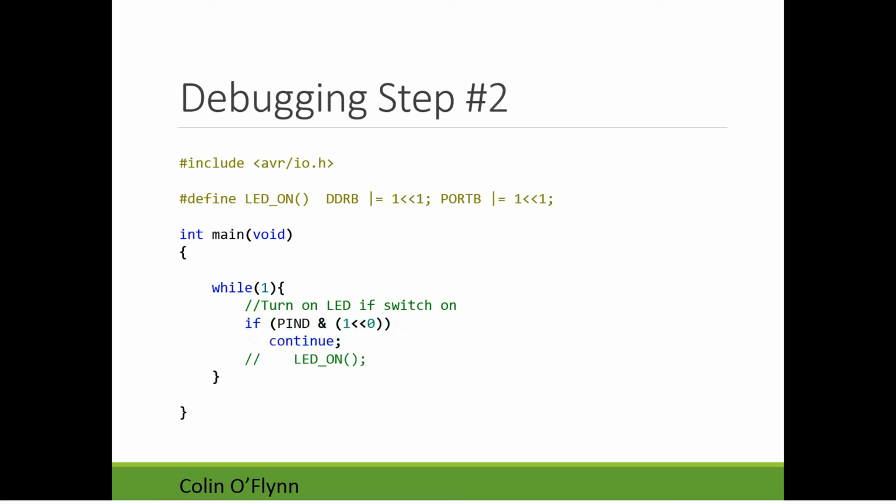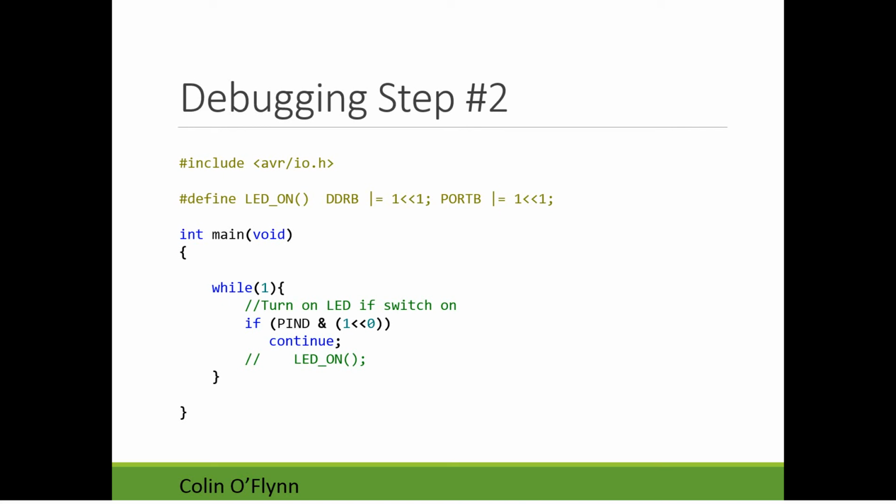So I can slowly go through adding the original code back in. This is where, as I talked about before, we always try to reduce things to the minimum possible code sample that causes the problem. In this case, if I do this if PIND is 1, all I'm testing is: does it read that pin in correctly? I'm not even seeing what it does because I have no way to see the return value.